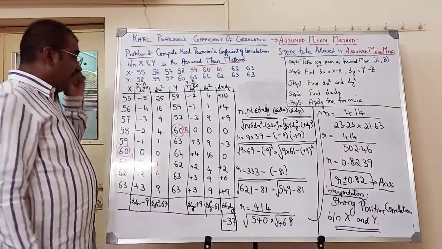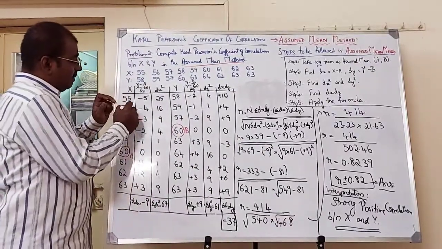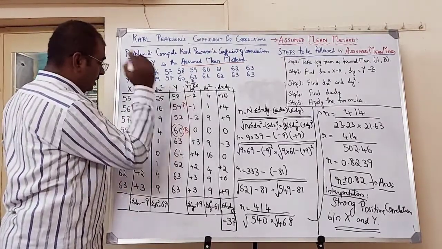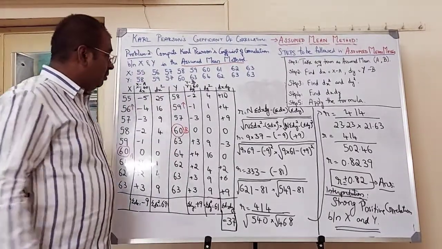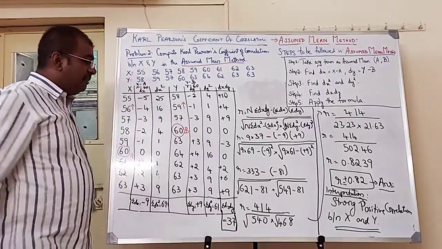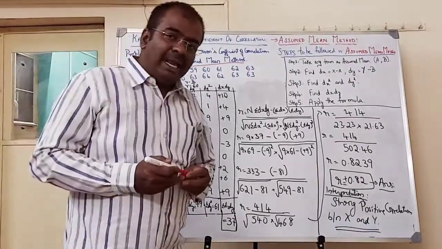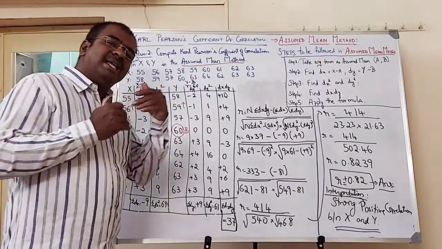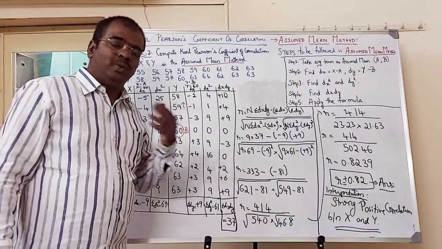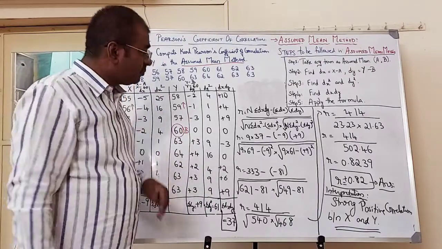So if you observe here, when x increases from 55 to 56, the value of y also increases from 58 to 59. So like this, if you keep observing, generally the values are moving more or less in the same direction, either towards upwards or towards downwards.